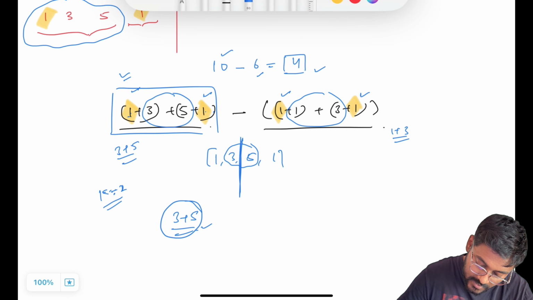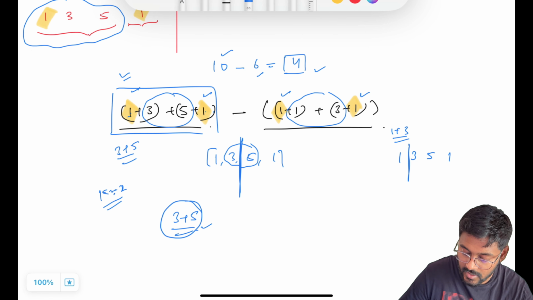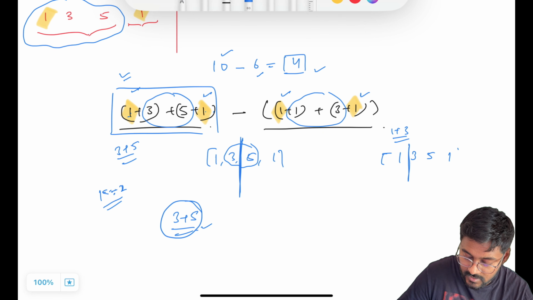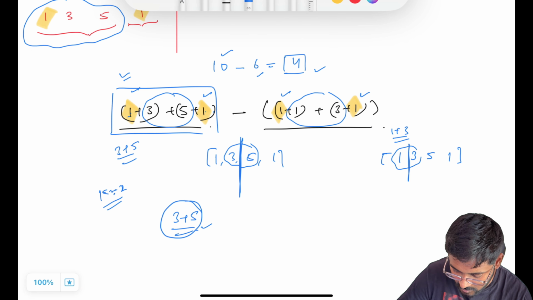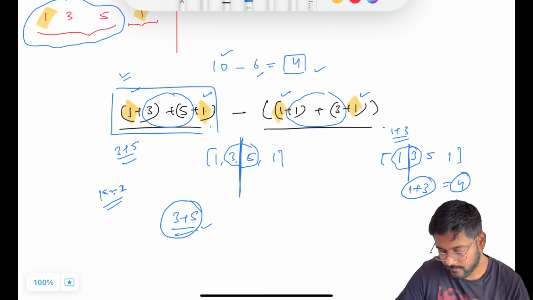And this other possibility came from the partition like this 1 3 5 1. If this is the partition, then the starting one and ending one are skipped, and what I have to use is this portion, 1 plus 3, which is 4, right?